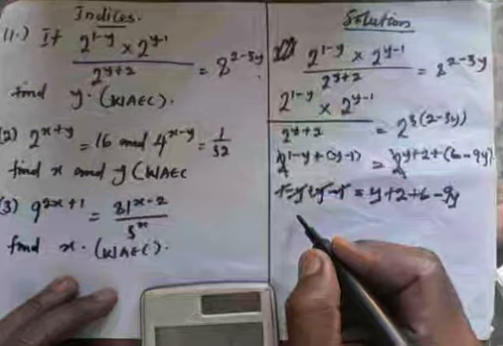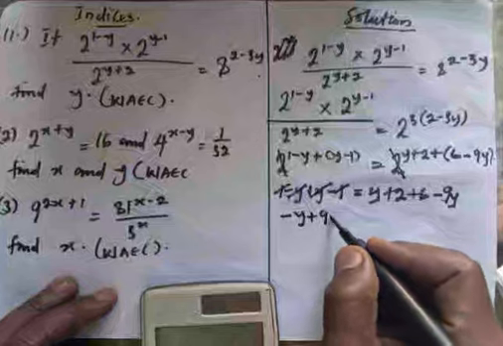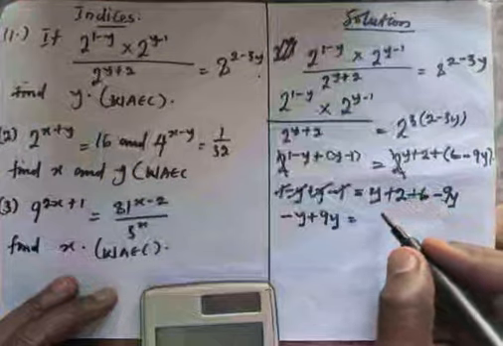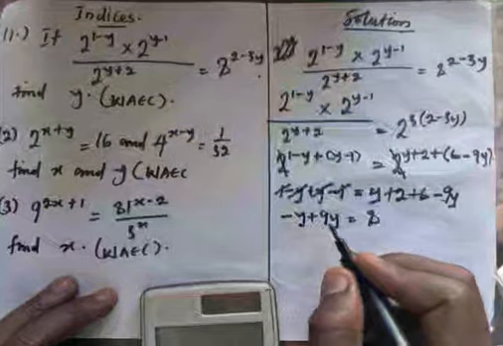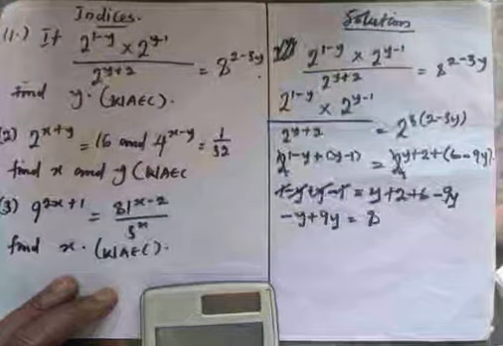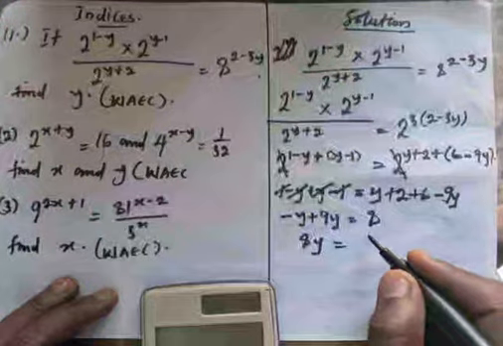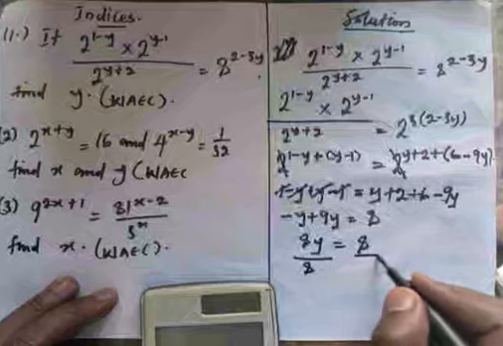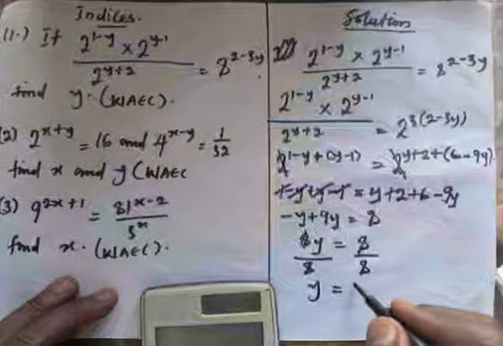We'll have minus y plus 9y equals to 6 plus 2. That will give you 8. So minus y plus 9y, that will give you what? 8y equals to 8. Well, you will divide both sides by 8. This cancels this. So y will be equals to 1.